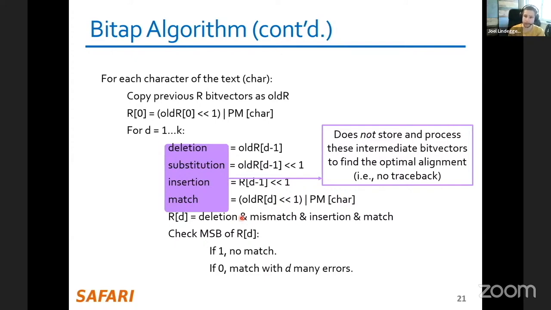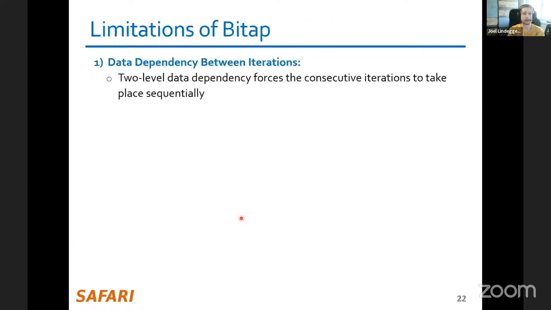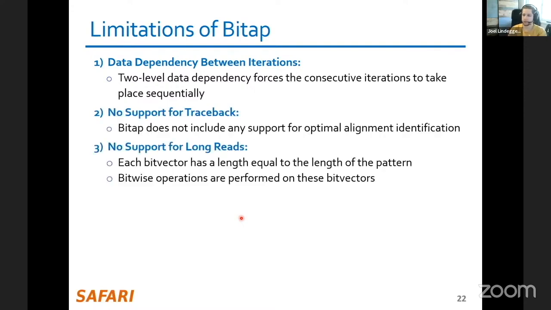It supports calculating edit distance, but it cannot support calculating how it got to that edit distance, so what that cigar string is, and we need that. So again, let me reiterate. There's data dependency between iterations. There's no support for traceback. And due to these two loops, it doesn't really scale to long reads, which can go up to millions of characters.